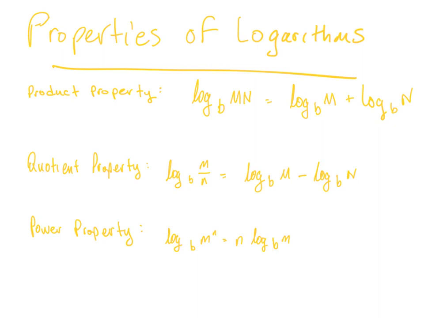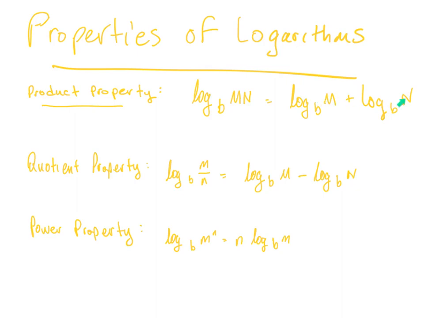And the product property is when we have a log of base b of m times n, because those two variables are being multiplied together, that would be equal to the log of base b of m plus the log of base b of n. Now think about it, exponents, when we are multiplying like bases, we end up adding the exponents.